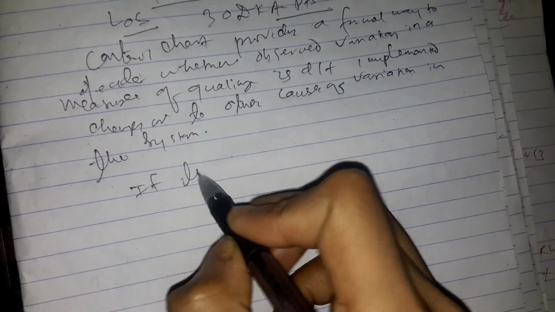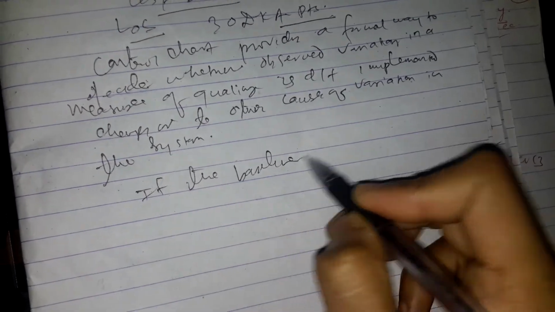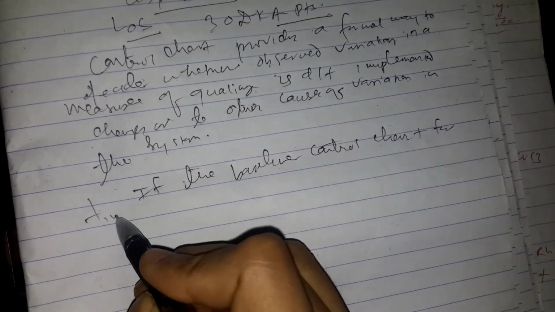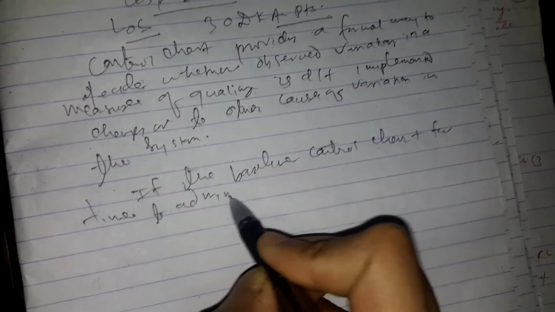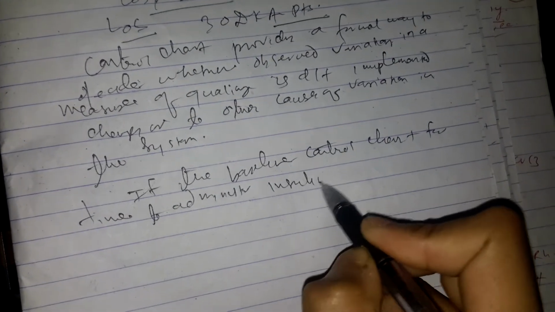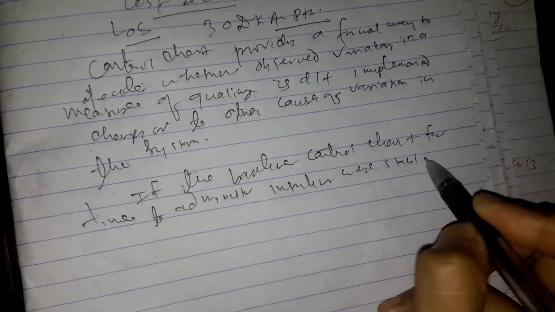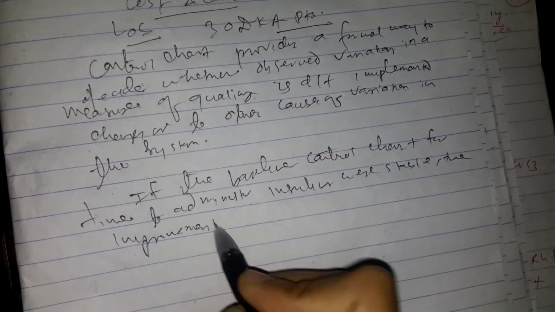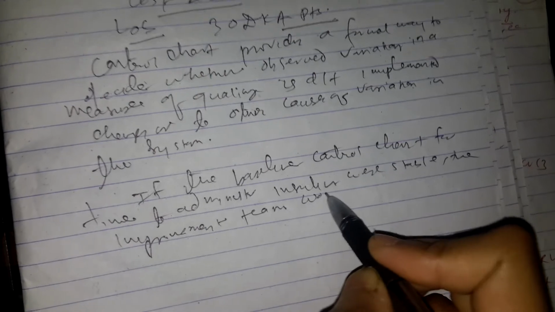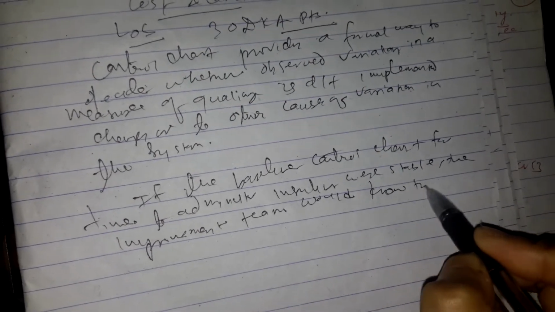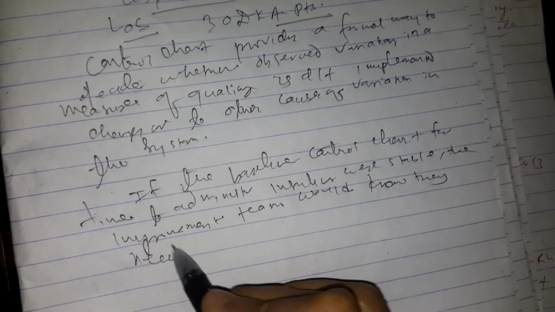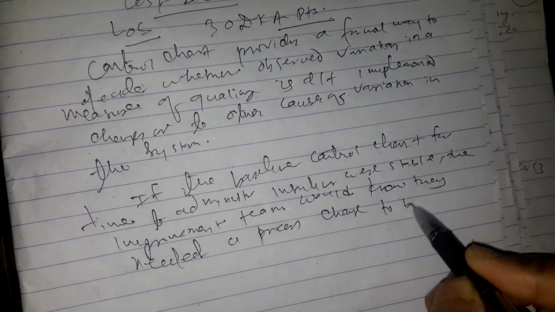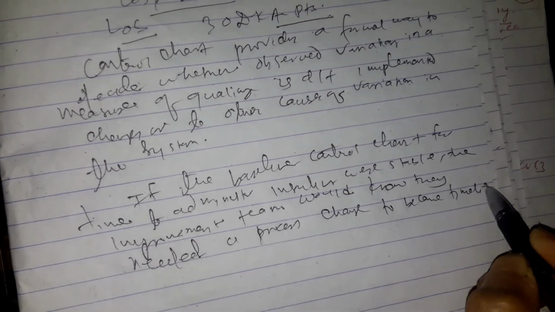So let's write it. If the baseline control chart for time to administer insulin were stable, the improvement team would know they needed a process change to become timelier.